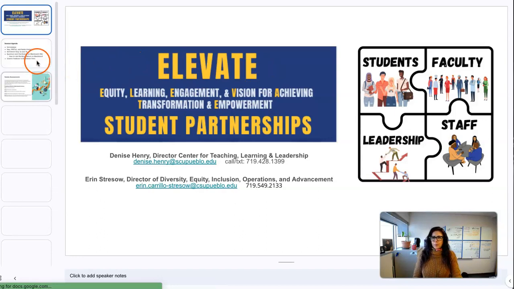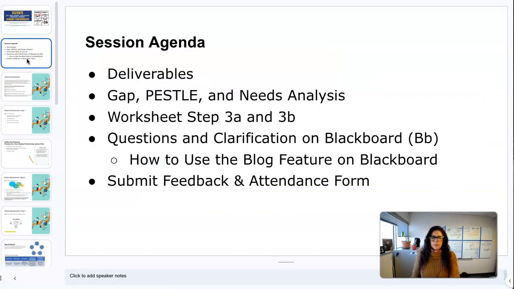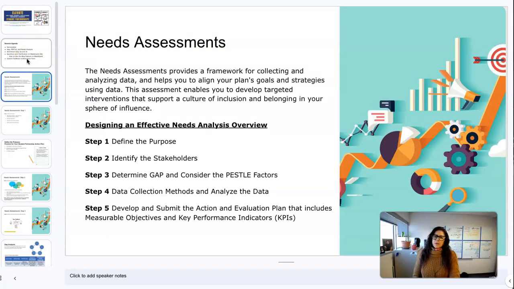Alrighty, this is a slide deck we shared in the last meeting. So you'll see some information here. Quick overview of needs assessment. There are several components, and these aren't all of them. There are lots of different analyses that go into a needs assessment.